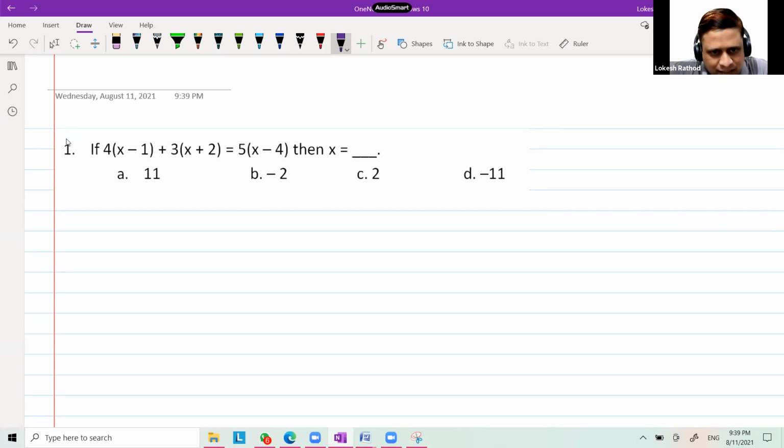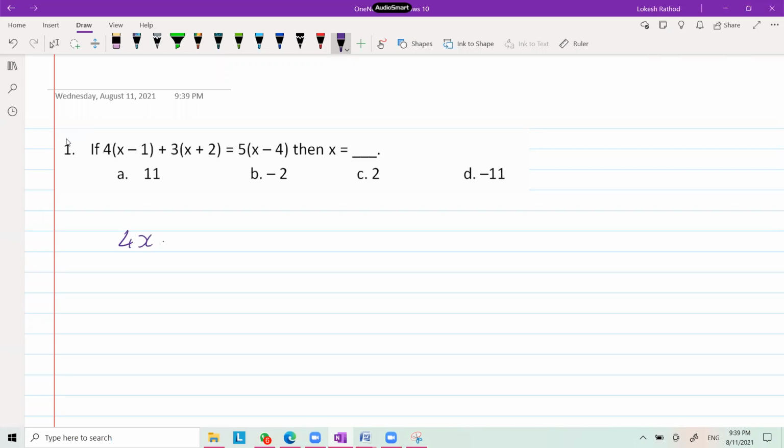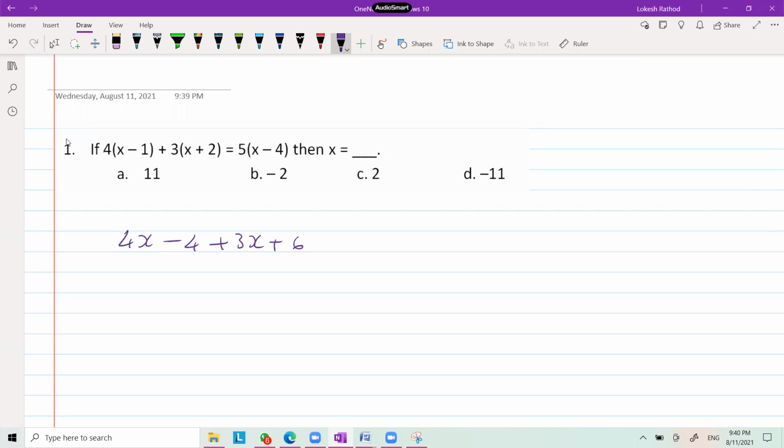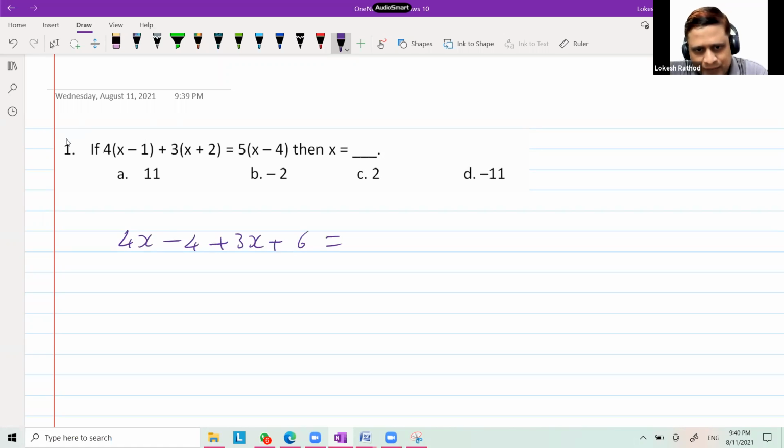So if I multiply inside the brackets, 4 times x, 4x, minus 4 times 1, that is 4, plus 3x plus 3 times 2, which is 6, correct? Then right hand side, I have 5 times x, 5x, and 5 times 4, 20, but there's a negative sign.